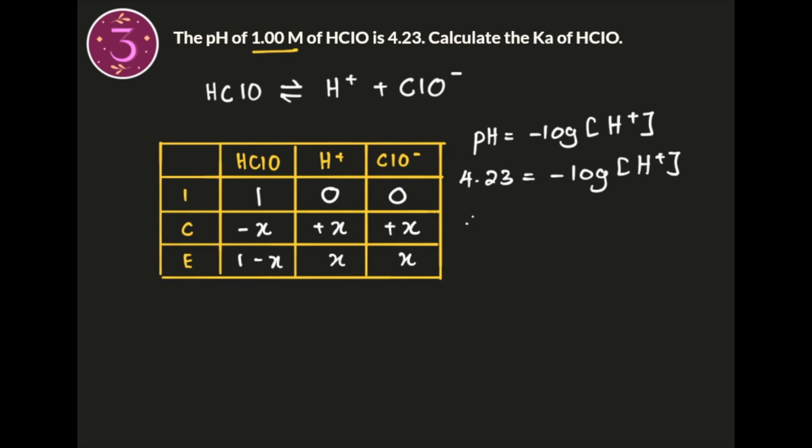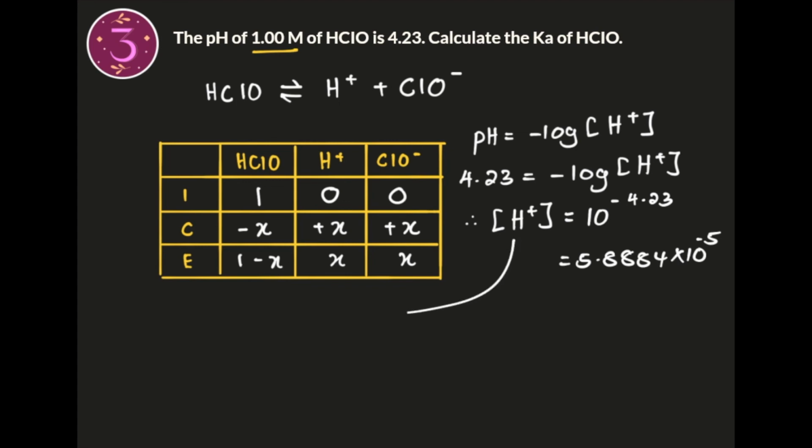You should be able to calculate H plus. It should be equivalent to 10 to the power of negative 4.23. So you should get the concentration of H plus equivalent to 5.8884 times 10 to the power of negative 5. This is your H plus, which is actually equivalent to your value of X.